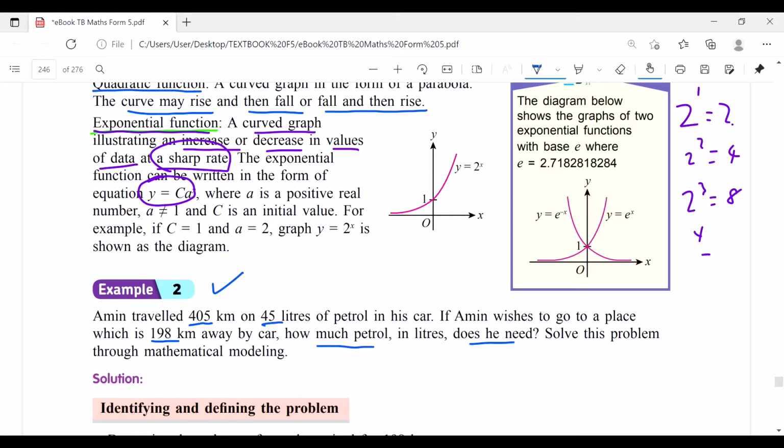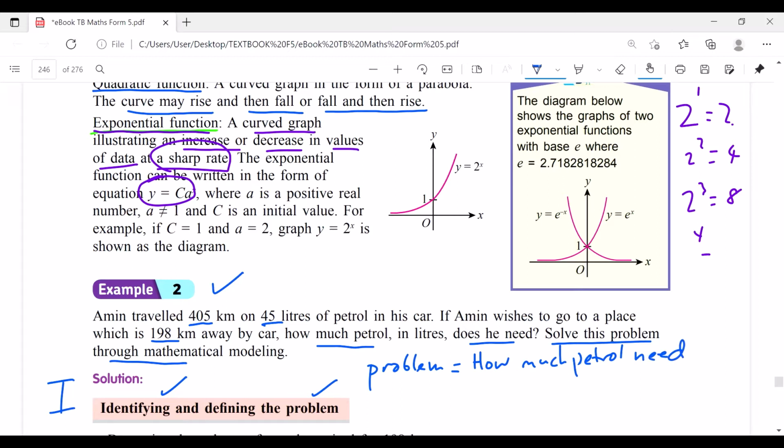The first one is the big I, that is identifying and defining the problem. So the first one, what is the problem? We define the problem first. Problem is in the question. You are asked to solve what? Amin wishes to know how much petrol needed.